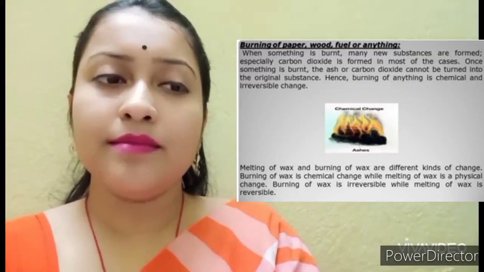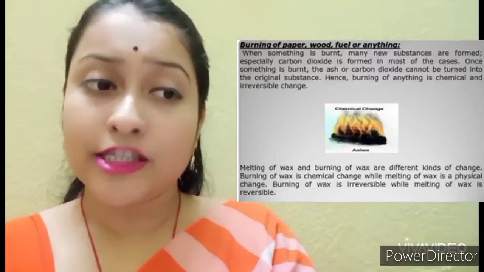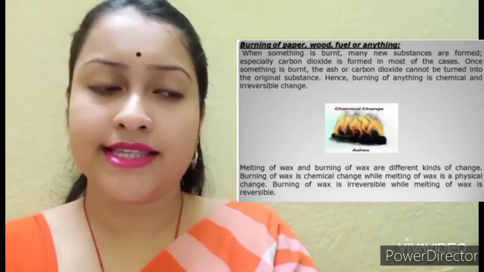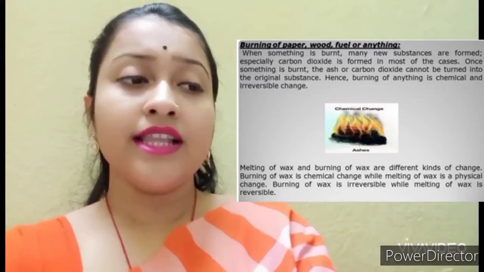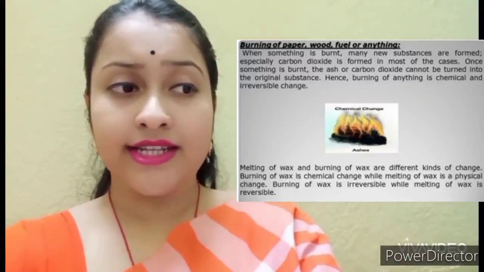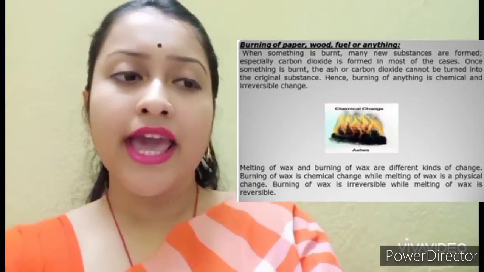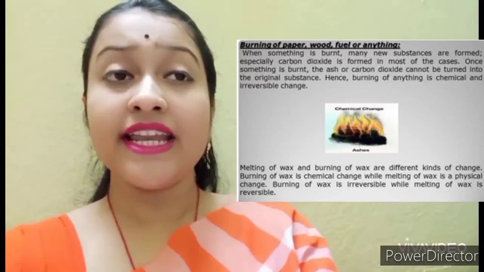When something is burned, many new substances are formed, especially carbon dioxide in most cases. Once something is burned, the ash or carbon dioxide cannot be turned into the original substance. Hence, burning is a chemical and irreversible change.